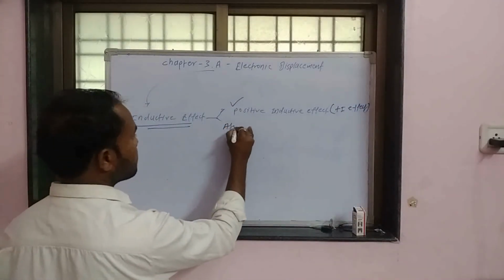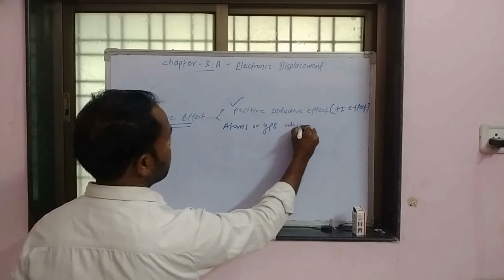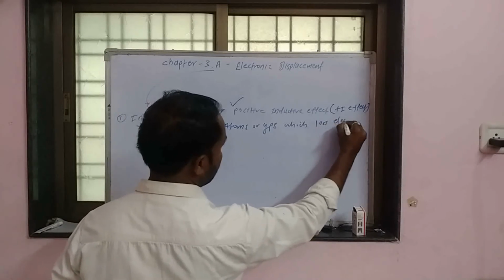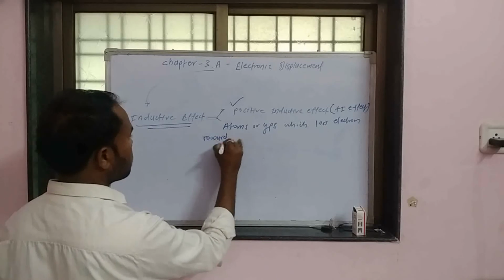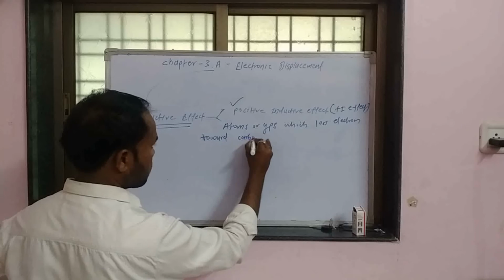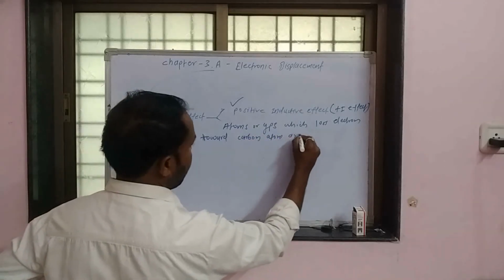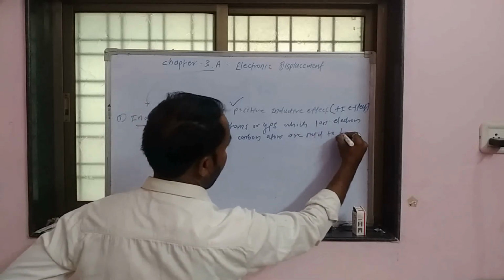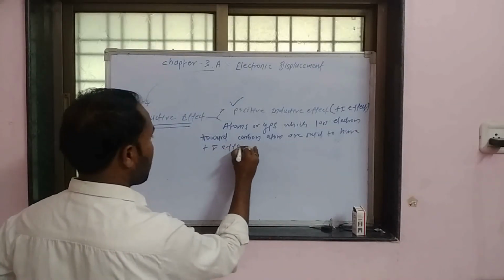Atoms or groups which lose electrons toward the carbon atom are said to have a positive I effect.